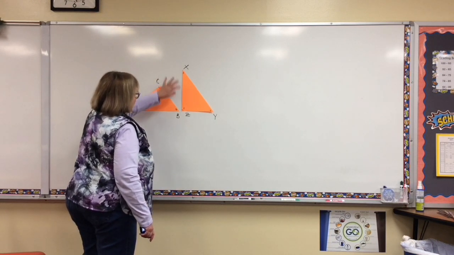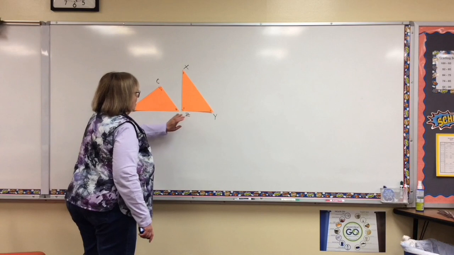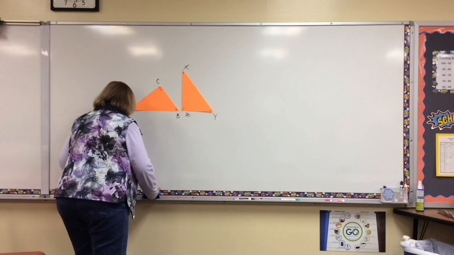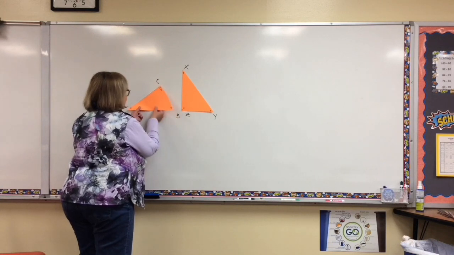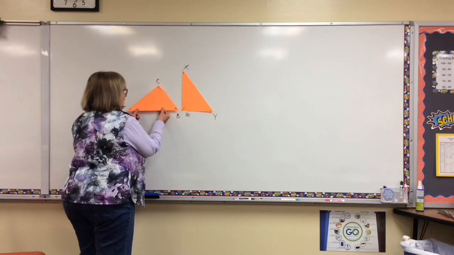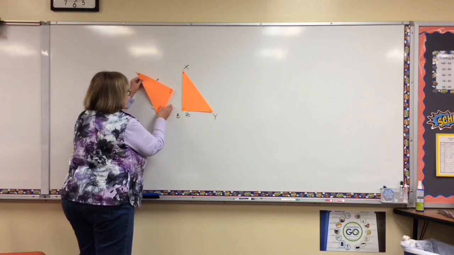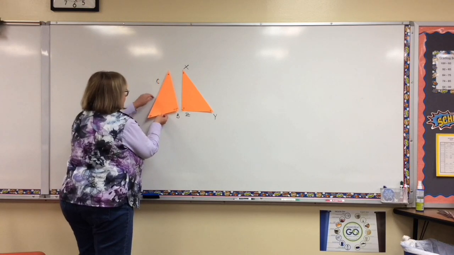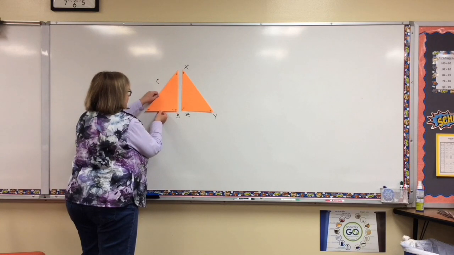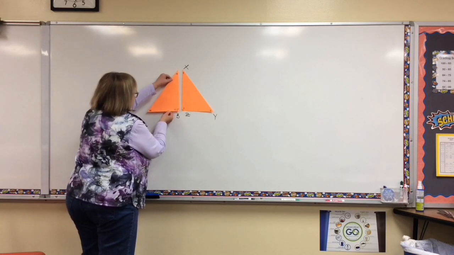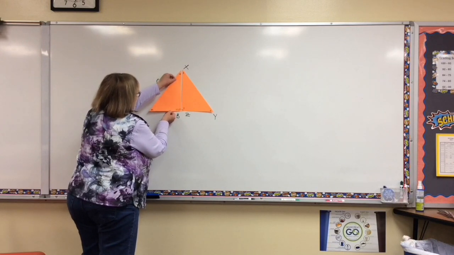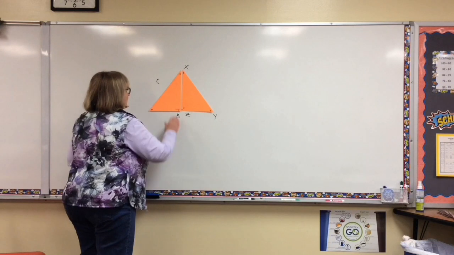I also have another right triangle over here, X, Y, Z. If I take this triangle and I rotate it 90 degrees, and then translate it or slide it, I've got them right here next to one another, okay?